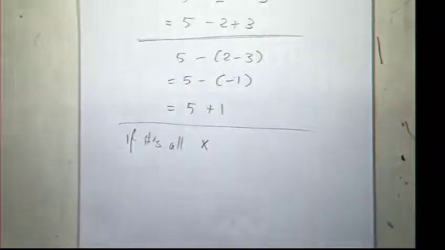So if it was all times and there wasn't any plus or minus, it was just times, what would happen then? How could I rearrange something that involved timeses?